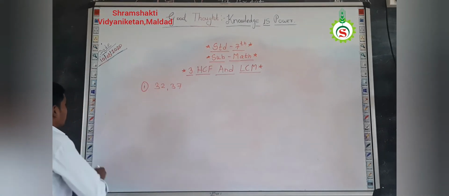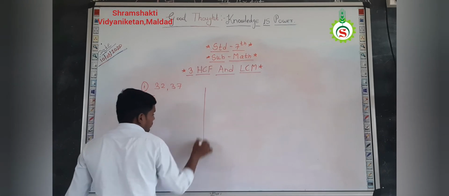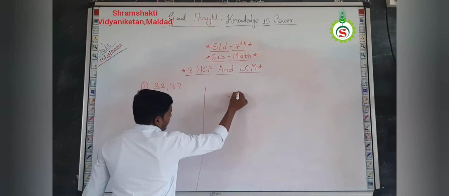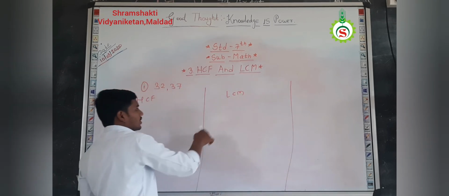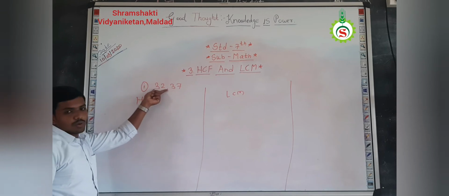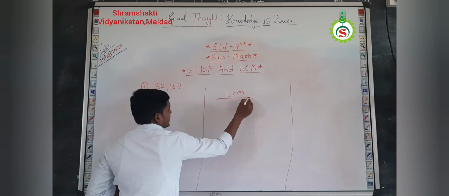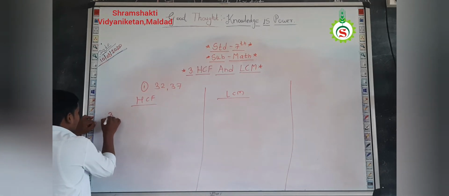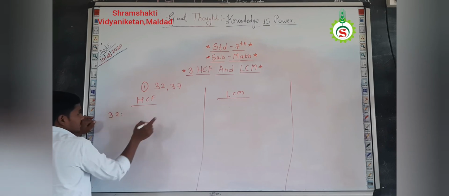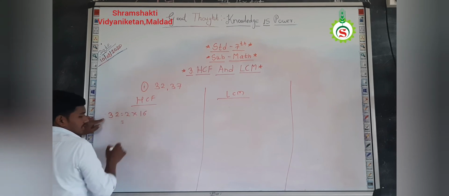So first we will find HCF, then LCM, and then do the verification. Now if I want to find HCF, what will I do? I will make the factors. So factors of 32 is 2 into 16.